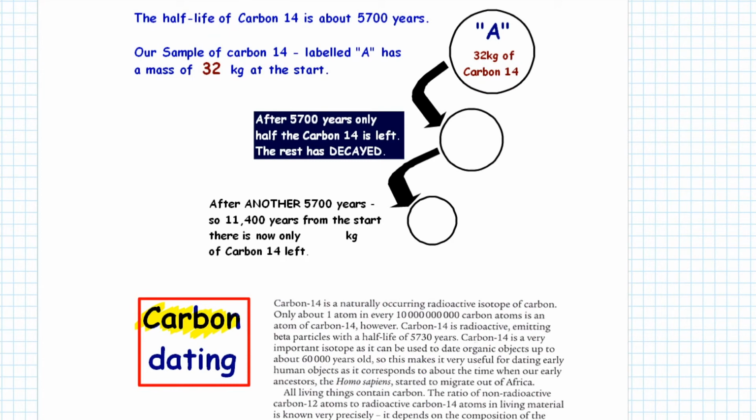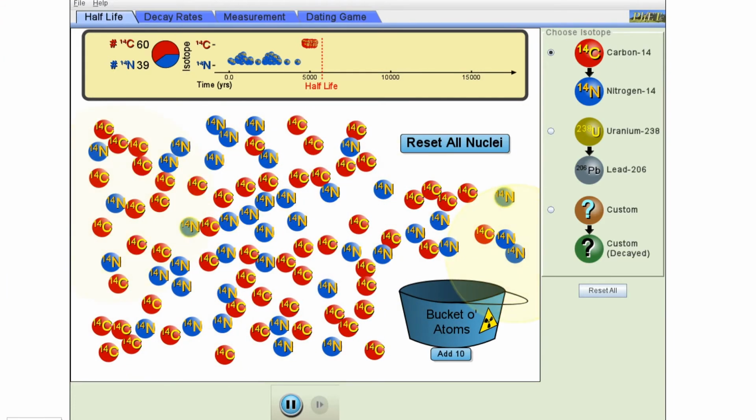Carbon dating is a clever concept used to work out how old things are that perhaps have been dug up from underneath the ground. Okay, first recap on what's happening when carbon-14 is decaying. It's turning into nitrogen, and we see a nice simulation here with all these 100 atoms decaying to nitrogen, and you can see that half would decay before the half-life, which is around 6,000 years, and half after.